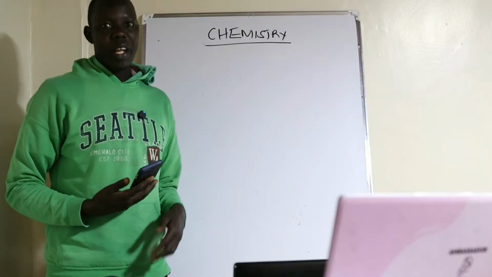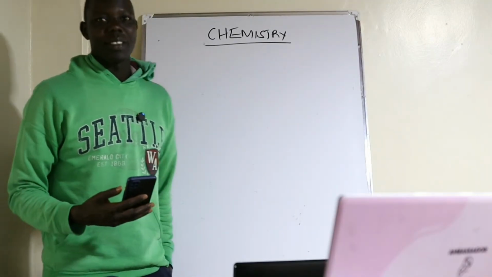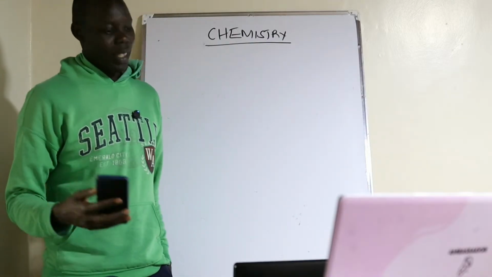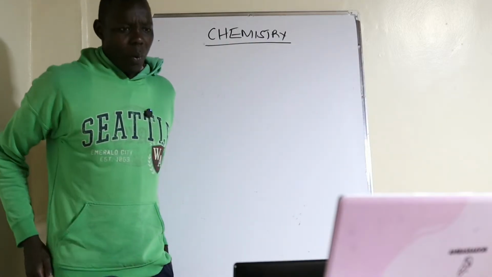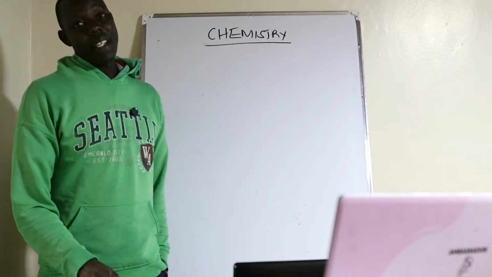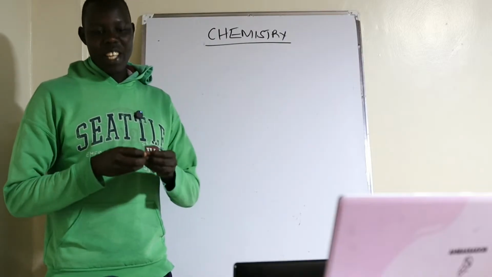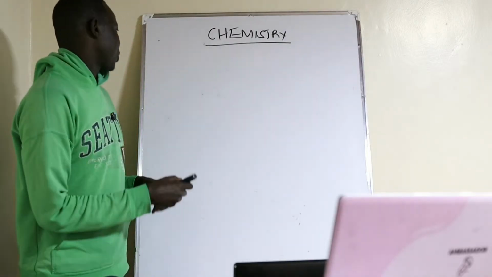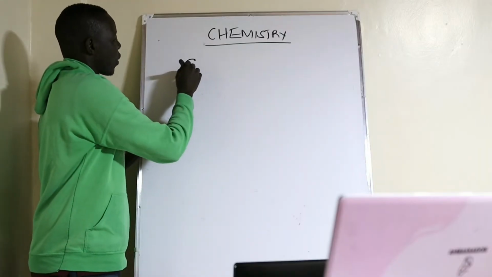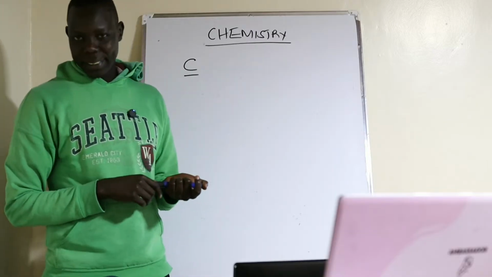So what am I saying this morning? Let's look at chemical properties of carbon, and of course together with other properties. The first one is combustion, like burning of carbon in air. You know, the symbol for carbon is C. Now, when this carbon is burned in air, what happens?